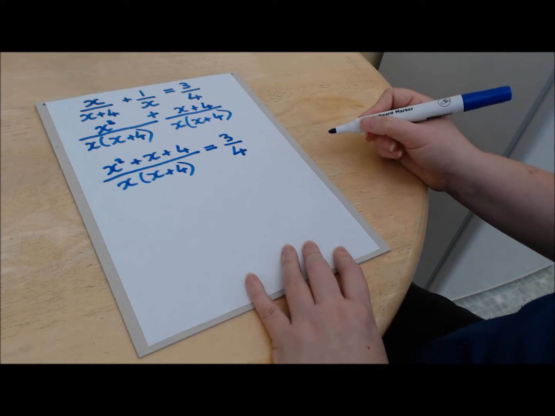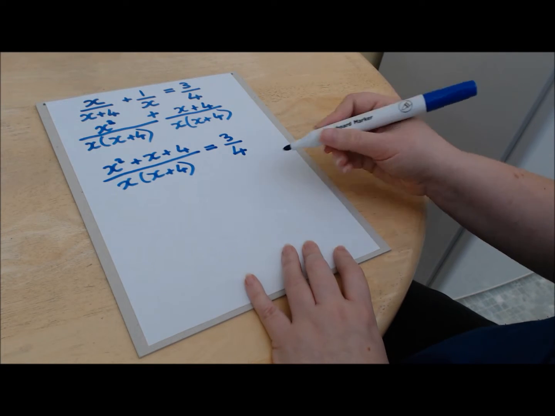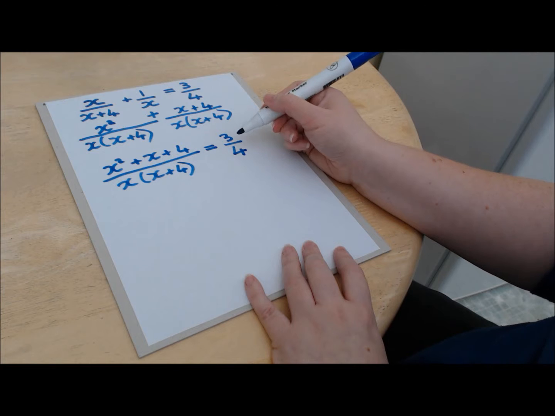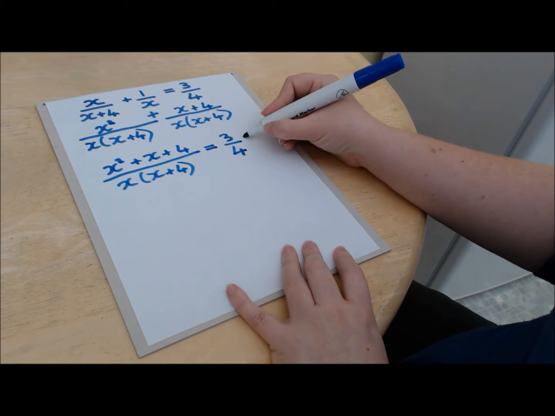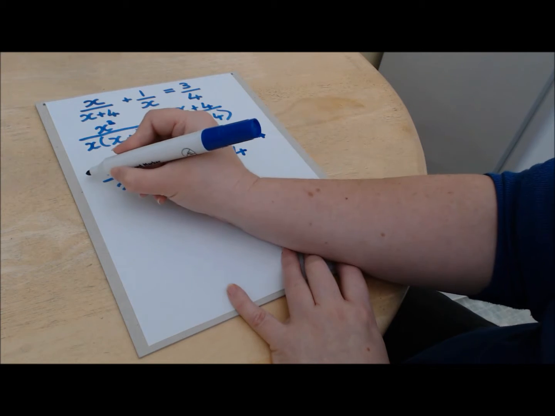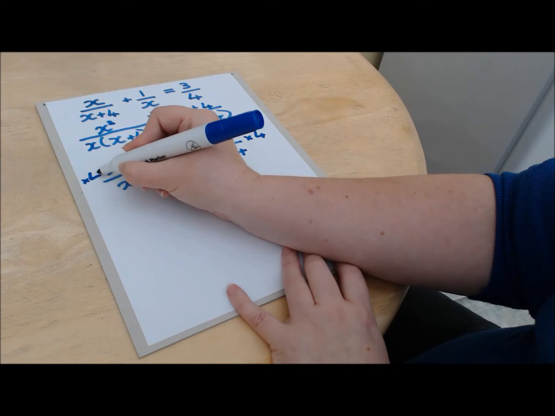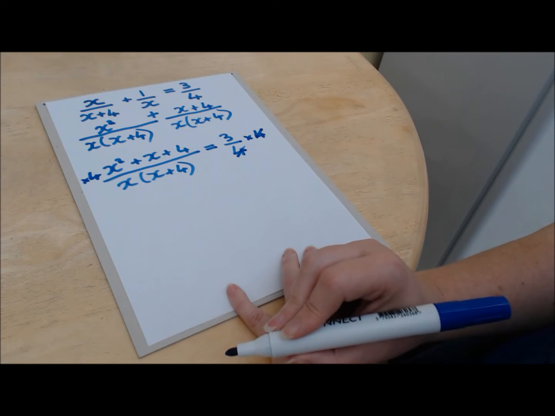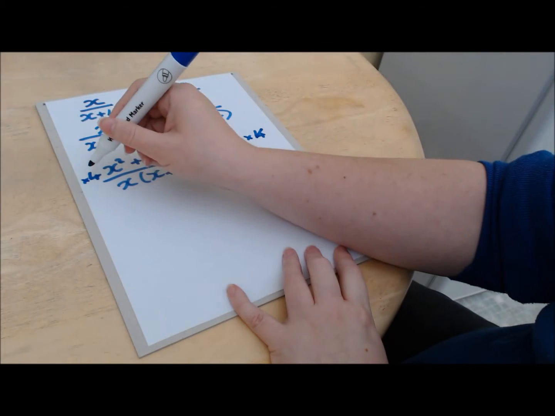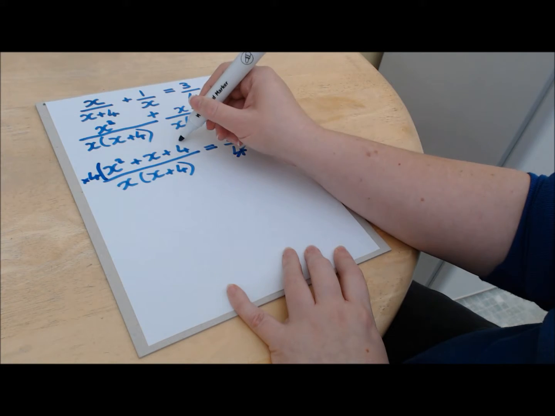And we're going to do something similar to what we've just done. So we don't want any bottoms. So let's deal with this one first. So we've got 3 divided by 4. So if we multiply both sides by 4, that will cancel and we'll be back to the situation we had before. Now just be careful, that 4 is going to multiply everything here.